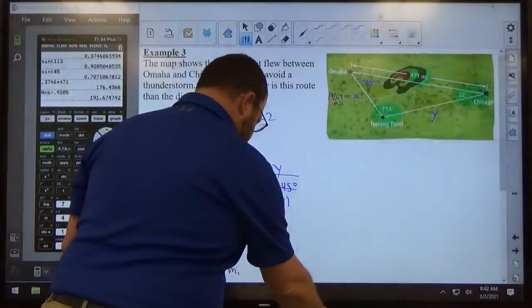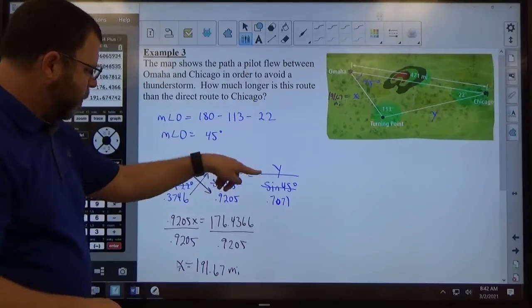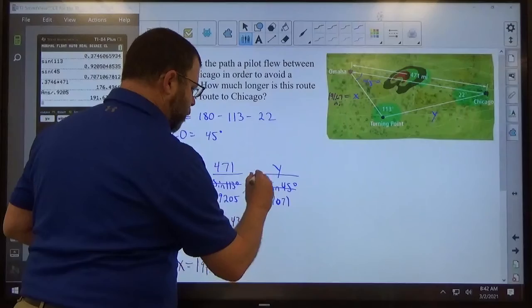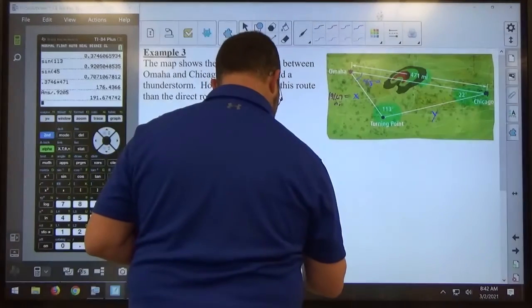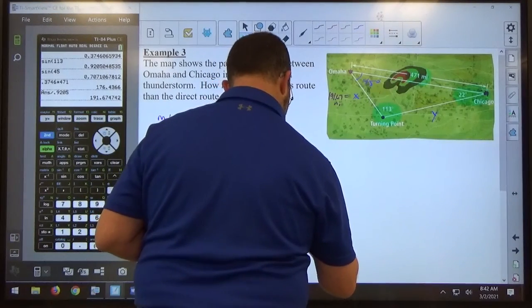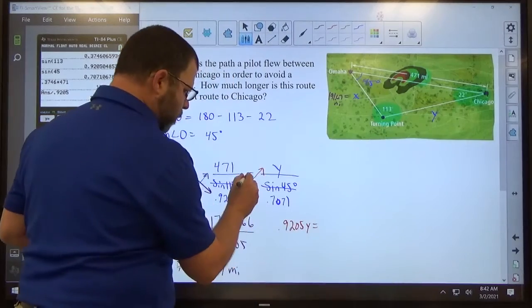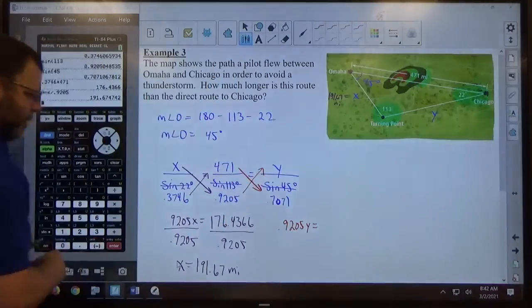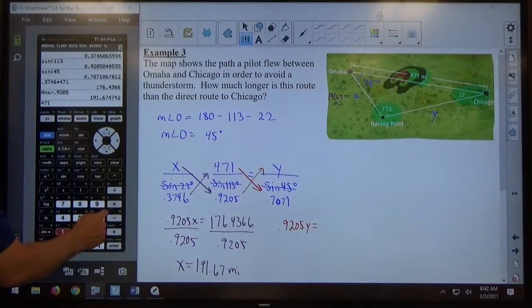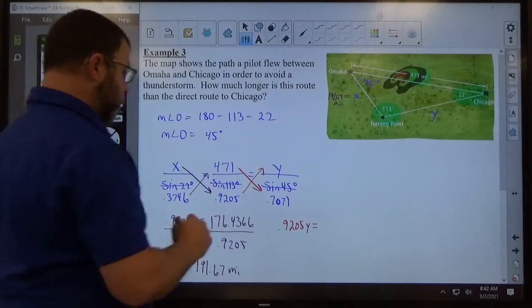Okay, if I want to cross multiply on these two, I'm going to get 0.9205y equals 471 times 0.7071, which comes out to 333.0441.